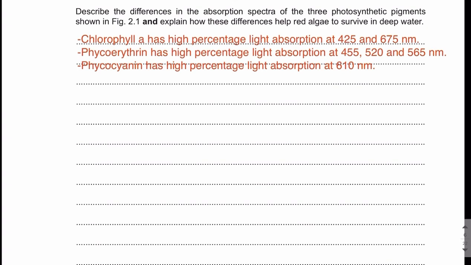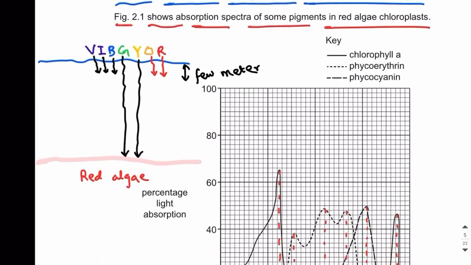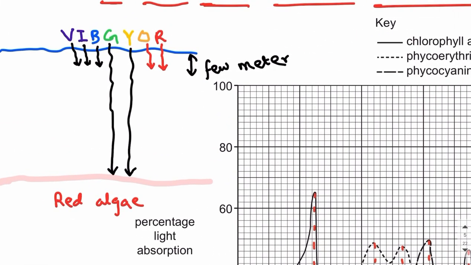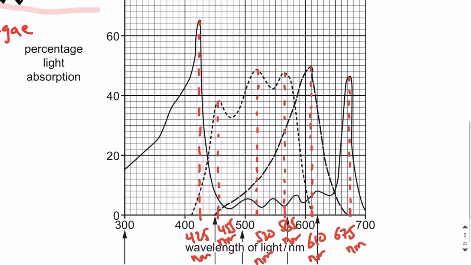Now what we have to do is that we have to explain how these differences help red algae to survive in deep water. So guys, as we discussed earlier, which lights are reaching the red algae? Only yellow and green lights. And if we look at the absorption spectra, green and yellow lights are mainly absorbed by which pigments?